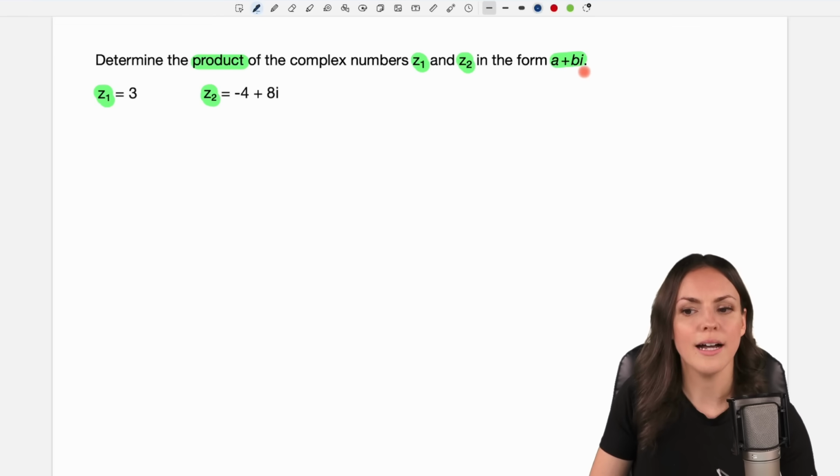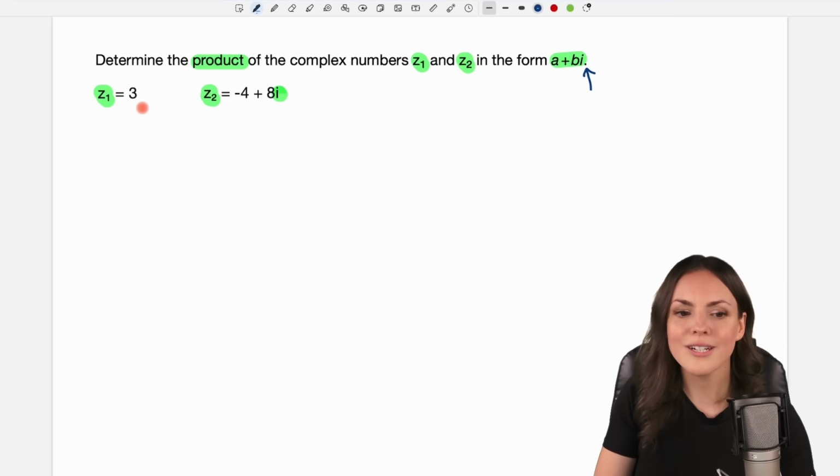This a plus bi form is the algebraic form of a complex number. You have a part here without the i, and then you have a part here with this i. This is the imaginary unit. We can see that i is in here as well. So this is also this algebraic form of a complex number.